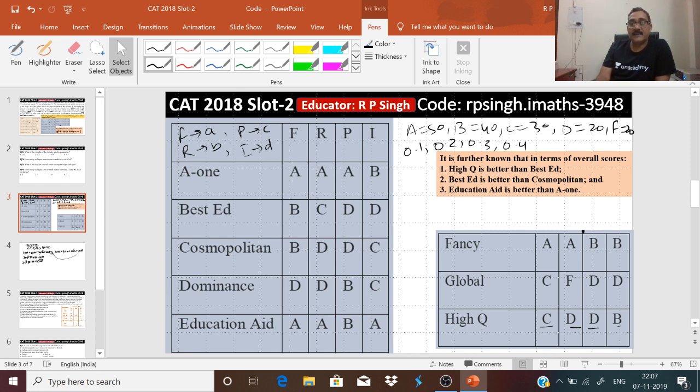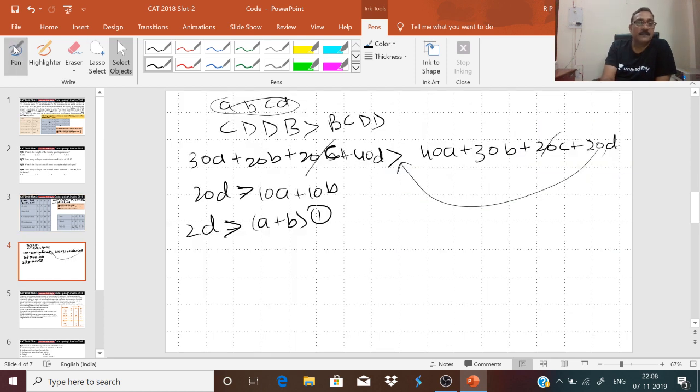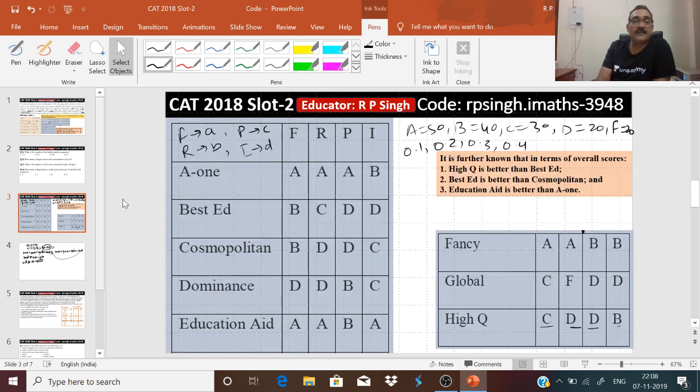Best ed is better than cosmopolitan. Cosmopolitan B, D, D, C. Best ed means this, it is better than cosmopolitan. Cosmopolitan was B, D, D, C, right?